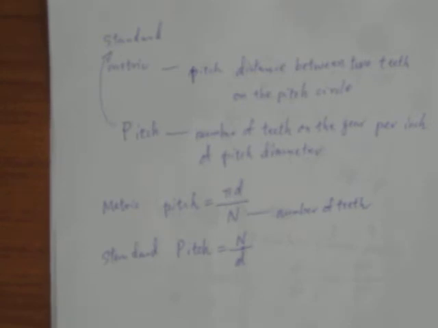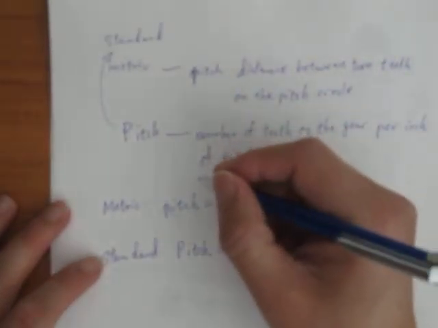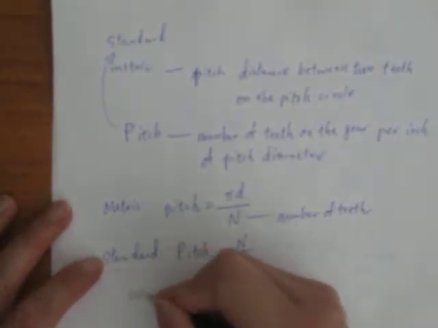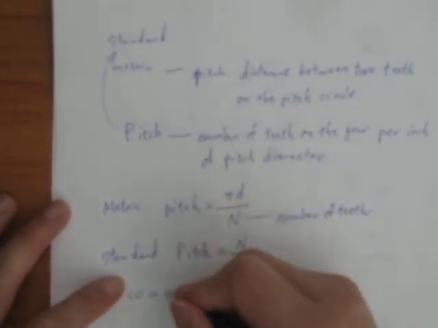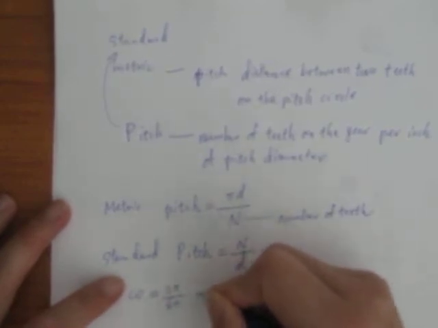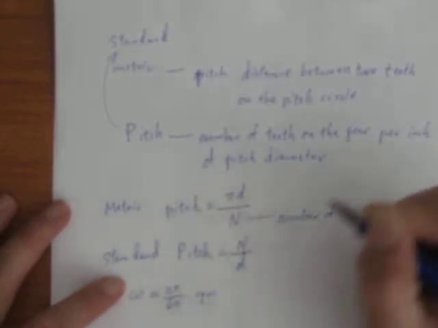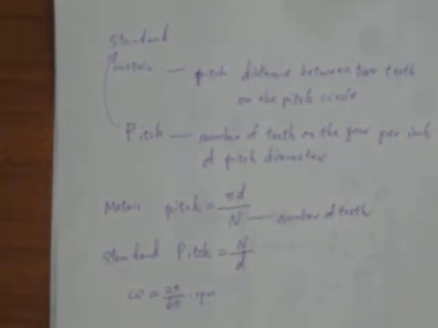Now, also in the calculation, normally we don't like this omega, which is rotation speed. Omega is equal to 2 pi divided by 60 times RPM. And instead of RPM, the book uses W instead of omega.